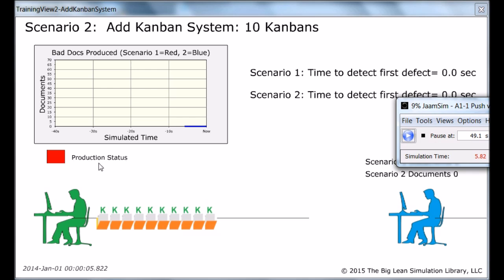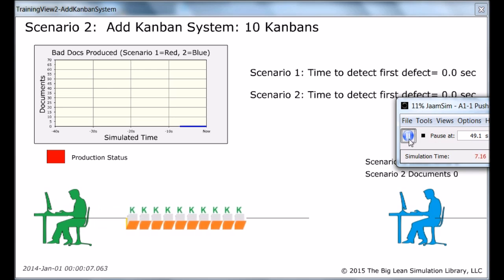So the production status went to red, and he's no longer producing. He cannot produce until he gets another Kanban recycled back to him. And the documents are going to hold the Kanban while they're in transit, while they're in queue, and while they're being processed.